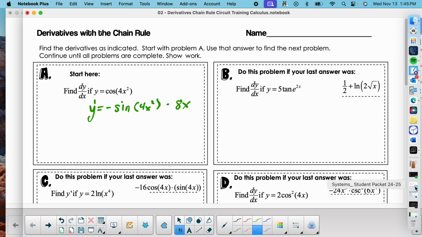Now these answers are all gonna be simplified like multiple choice. So the answer that you'll find is gonna have negative 8x in the front. Not that it's wrong afterwards, but that's just how you'll see the answers.